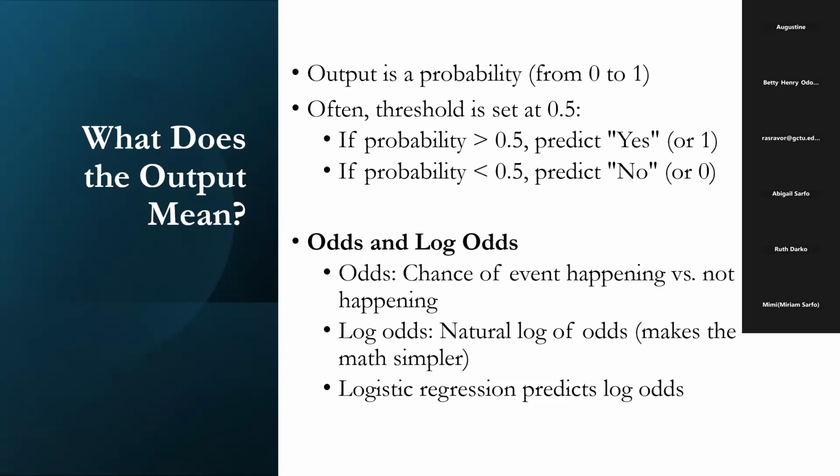Because of that, we always set what we call the threshold of 0.5. So if the probability is greater than 0.5, we say it is yes. If it is less than 0.5, we say it is no, especially if you want to turn a continuous variable to a probabilistic variable.